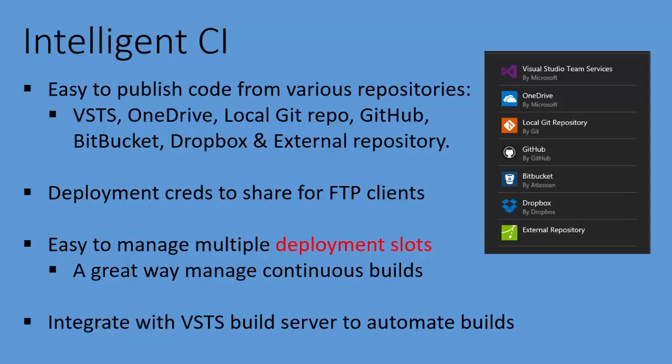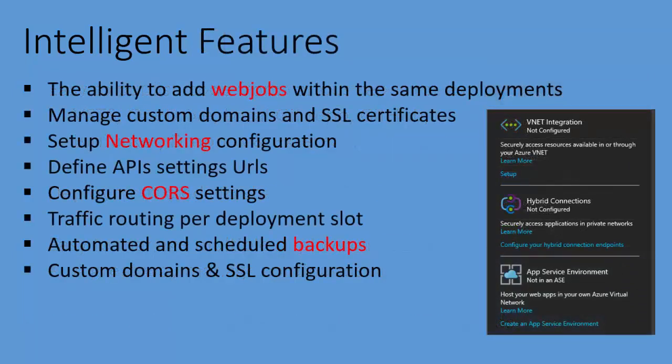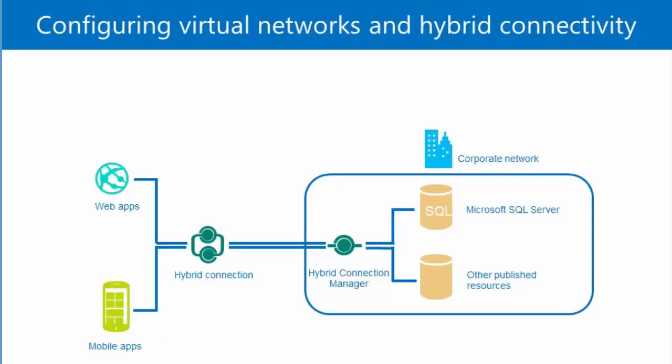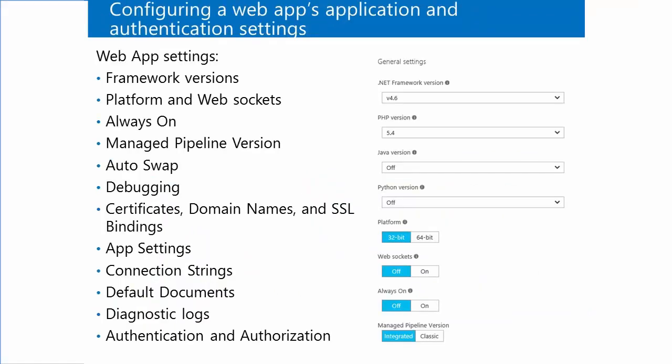And also, if you are using Visual Studio Online or Visual Studio Team Services, you can integrate all the features that we have on the build server within the app service that you have in Azure. We also have some cool features when you provision an app service. For example, you can provision all the virtual network configuration. You can even connect to a hybrid connection, so you can connect to an on-premise network that you have. Also, you can manage custom domains within your app service and even SSL certificates.